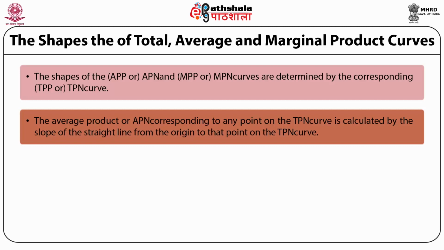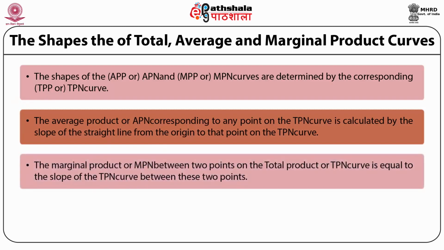The APN curve usually rises at first, reaches its maximum and then falls, but it remains positive as long as the TP is positive. The marginal product or MPN between 2 points on the total product or TPN curve is equal to the slope of the TPN curve between 2 points.